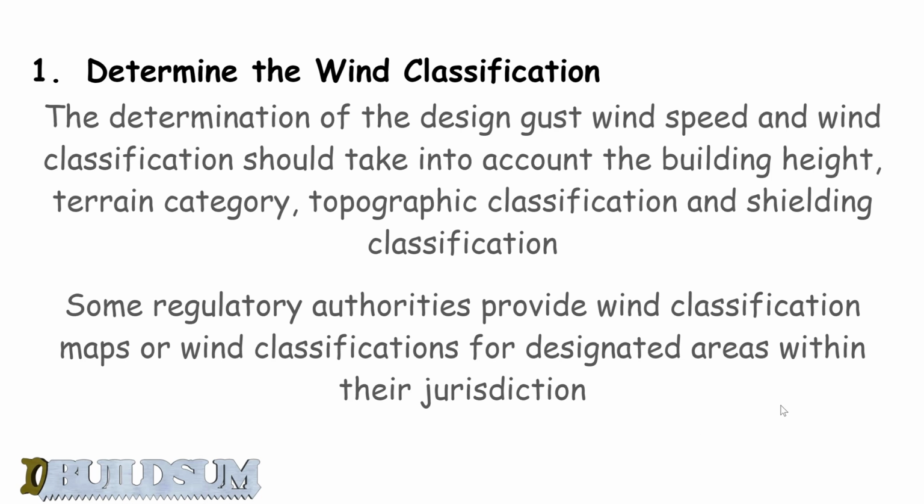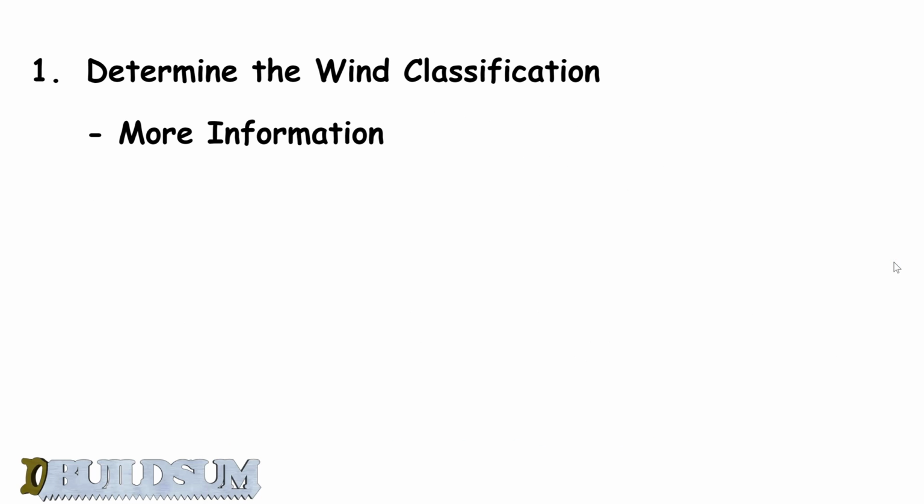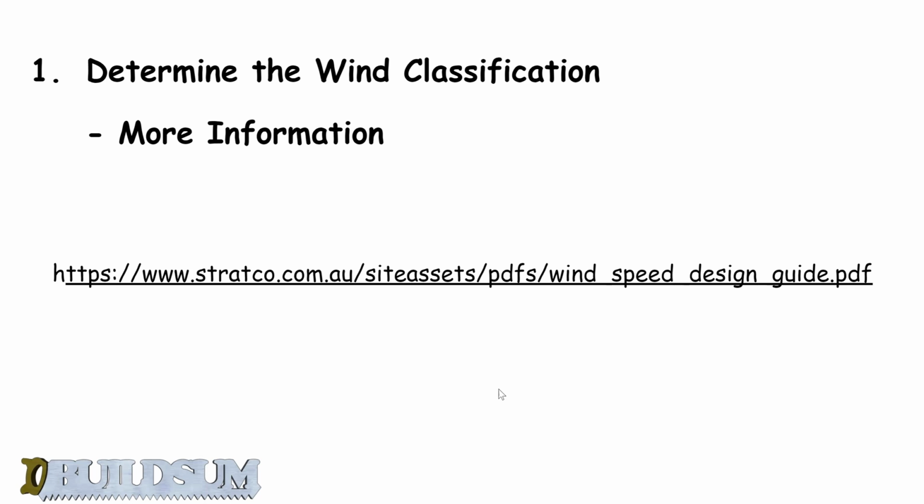So you can work that out, or your private certifier or council can give it to you. There's a link. I'll put that in the description so you can have a look at that document in your own time. That's the link. As I said, I'll put that into the description. That gives you a lot more detail and shows you how to work out the wind classification for your own area.